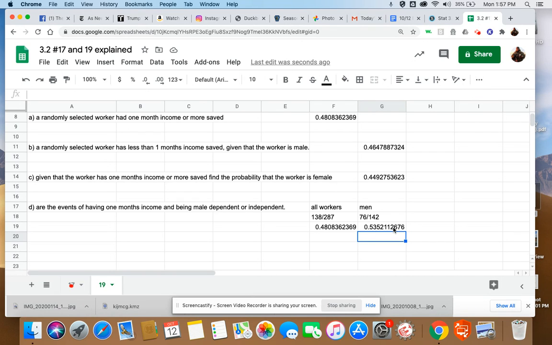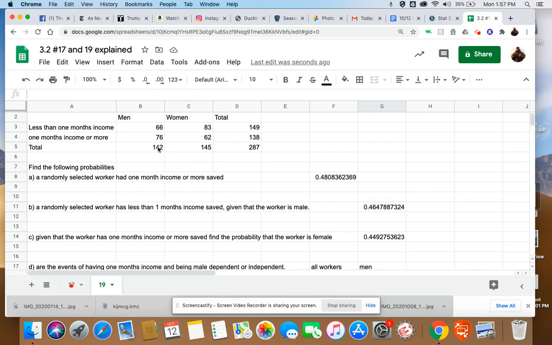As soon as you added the condition that the person is a man, the probability changed. If we do it in the reverse and think about 1 month's income as the conditional, and then say 142 out of 287 versus 76 out of 138, we would again see a change in the probability.